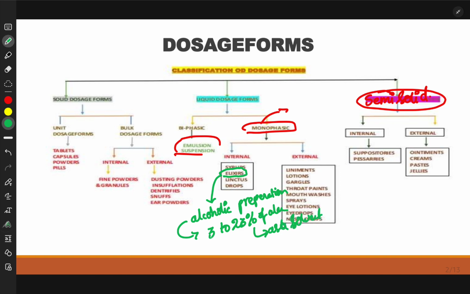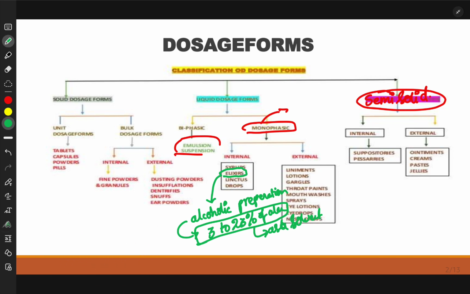It is the one and only preparation where we use a high content of alcohol as a solvent, because some drugs are unstable in water or other solvents, and other organic solvents are not suitable to be ingested.